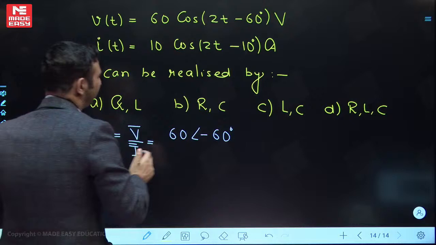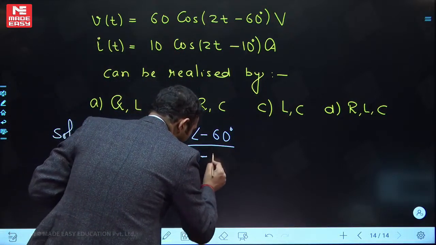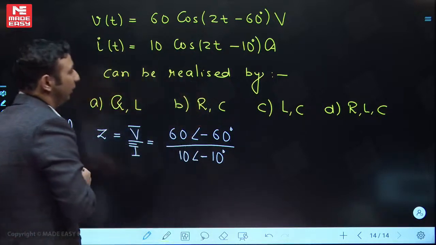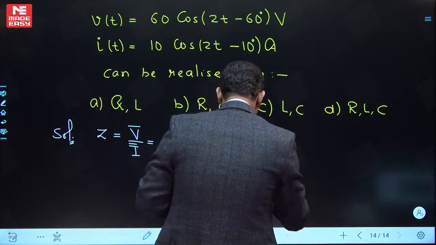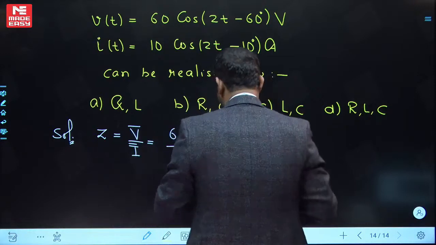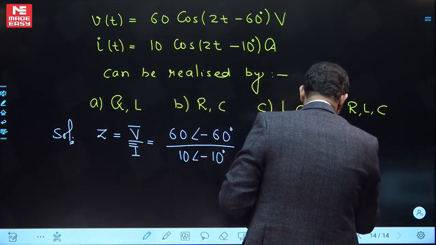So 60 at an angle of minus 60 degrees divided by 10 at an angle of minus 10 degrees. If we solve this, it comes as 60 by 10, that is 6, at an angle of minus 60 plus 10, minus 50 degrees ohms.